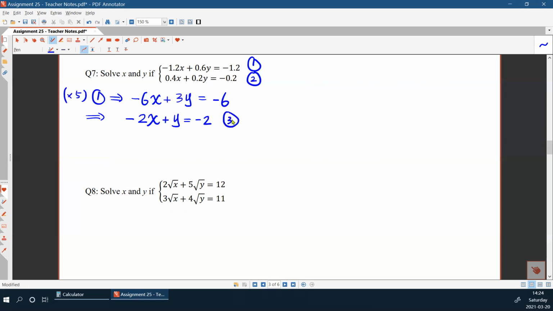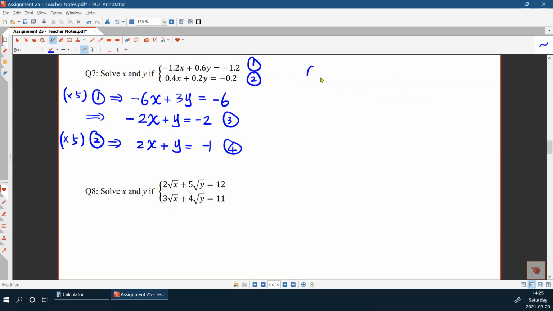So let's call this 3. And how about the second equation? How to eliminate decimals? We can times 5 as well, right? Okay, times 5 to both sides of equation 2. This will give you 2x plus y equals minus 1, right? So let's call this 4.